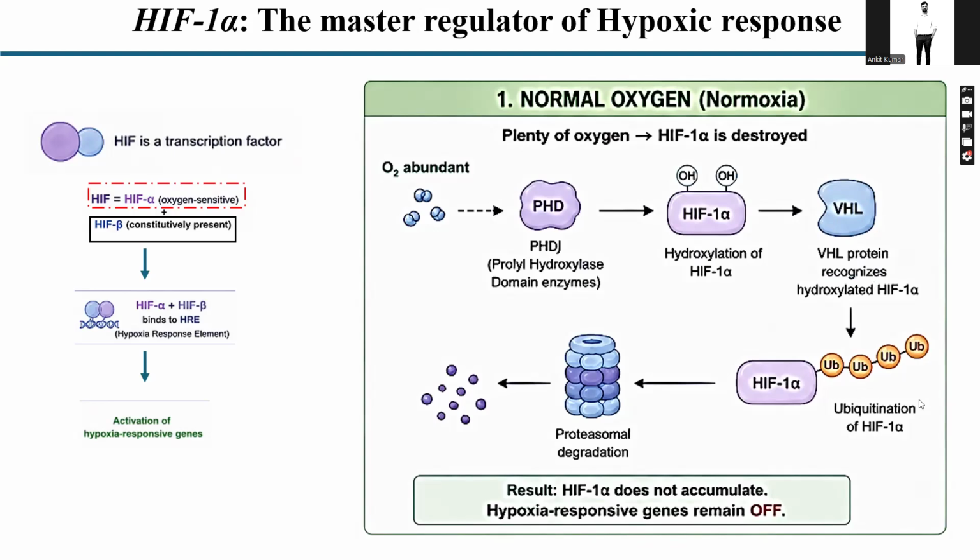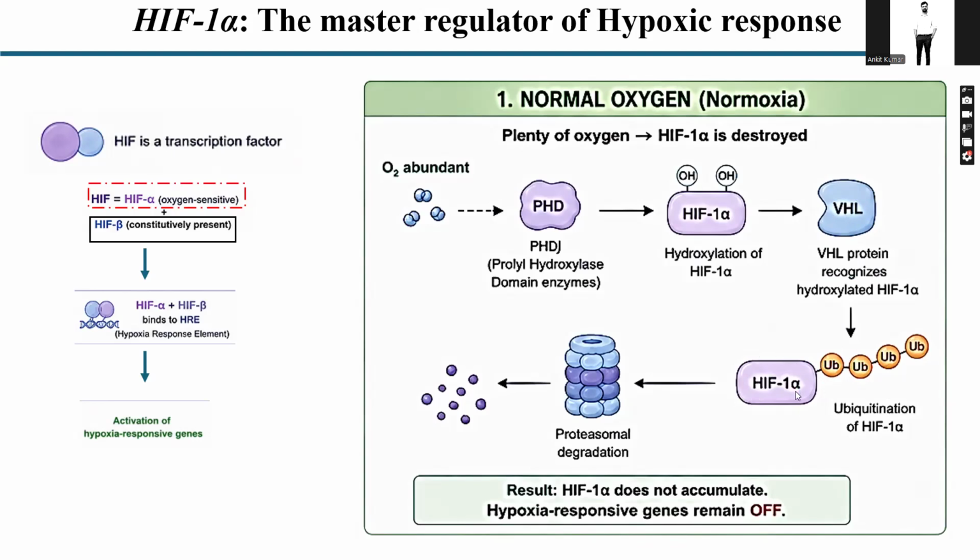It performs the ubiquitination of HIF-1 alpha. And how is this performed? With the help of VHL. Again, I'll explain ubiquitination in a subsequent lecture. Here I am just going to let you understand that some chemical modification is happening.